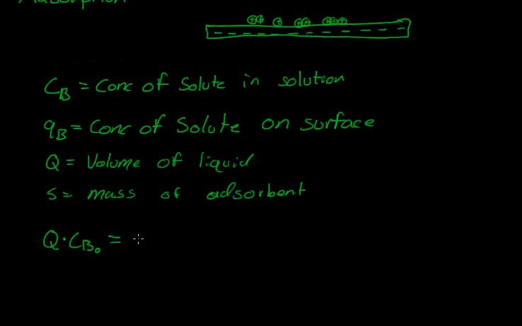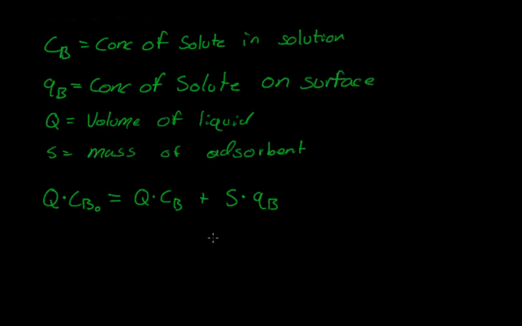Qb naught is equal to Q times Cb, what's actually in the solution at the moment, plus S times little qb. So we have a concentration and a concentration. This is a volume, so it becomes a mass, and it equals out.